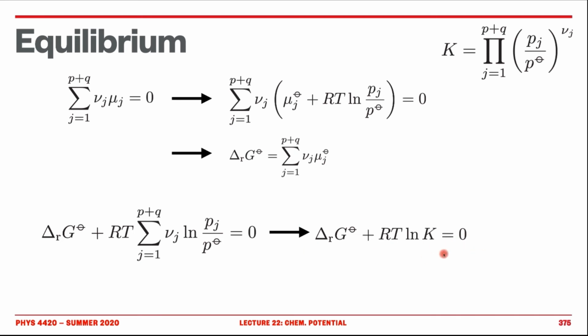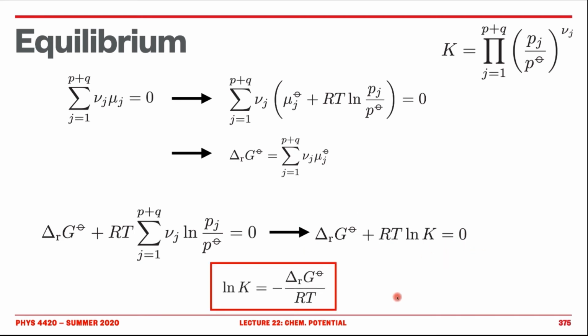So at equilibrium, we have this, and of course, that's an extremely important result: the logarithm of the reaction constant here is minus delta G standard divided by RT. So we've calculated this before, but here it's generalized for any reaction regardless of the stoichiometry. So it's not just A to B, it's any reaction. That's very nice. So K is going to tell you basically what this property is.